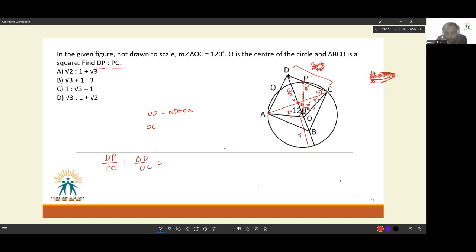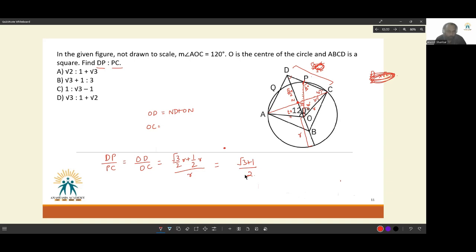Now OD is equal to root 3 by 2R plus half R. I think last time I recorded it wrong. And OC is equal to R itself. Okay. So this will give me root 3 plus 1 by 2. This ratio, DP is to PC, will turn out to be root 3 plus 1 by 2.